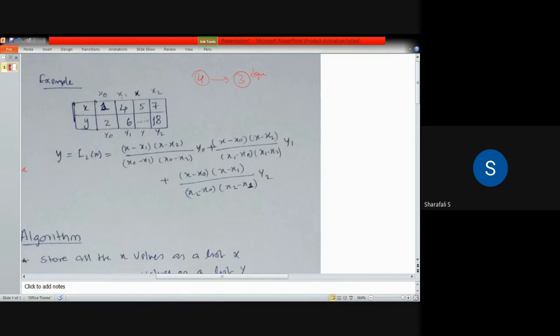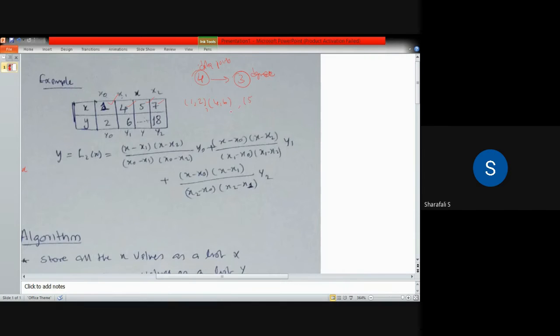So this is the highest degree of polynomial that you can have with these 4 given data points. So those are 1, 4, 5, 7. So the data points are 1, 2, then 4, 6, and then 5.